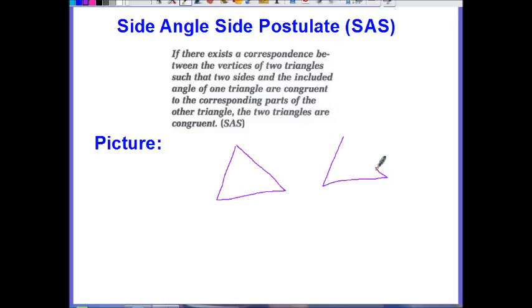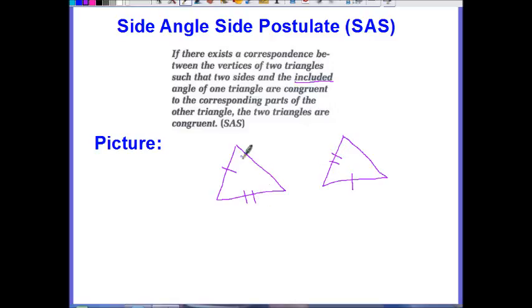Now, for this, it's important that we are using the included angle. So it has to be the angle that's smashed in the middle of our corresponding sides. So let's match some of these up. And I'm going to rotate my figure so that it doesn't look the same. Here's one pair of congruent sides. Here's the second pair of congruent sides.